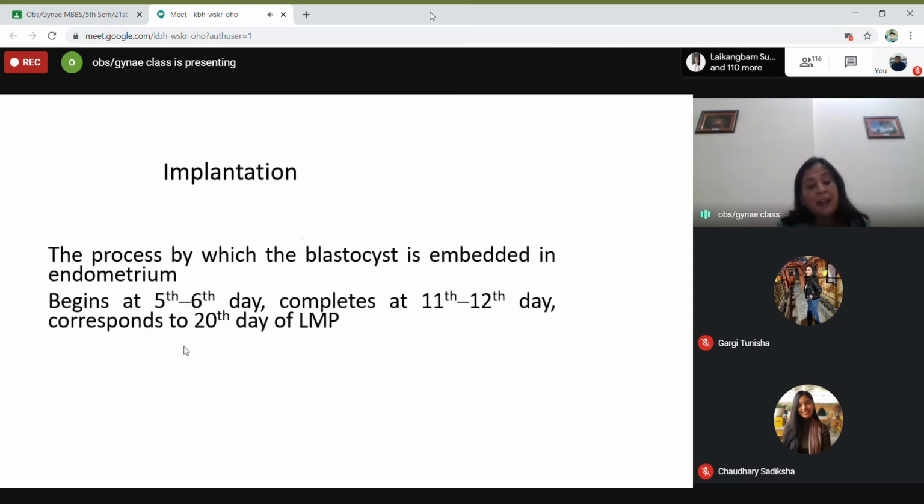It begins at the 5th to 6th day of fertilization and completes at the 11th to 12th day of fertilization, and it corresponds to the 20th day of the last menstrual period.